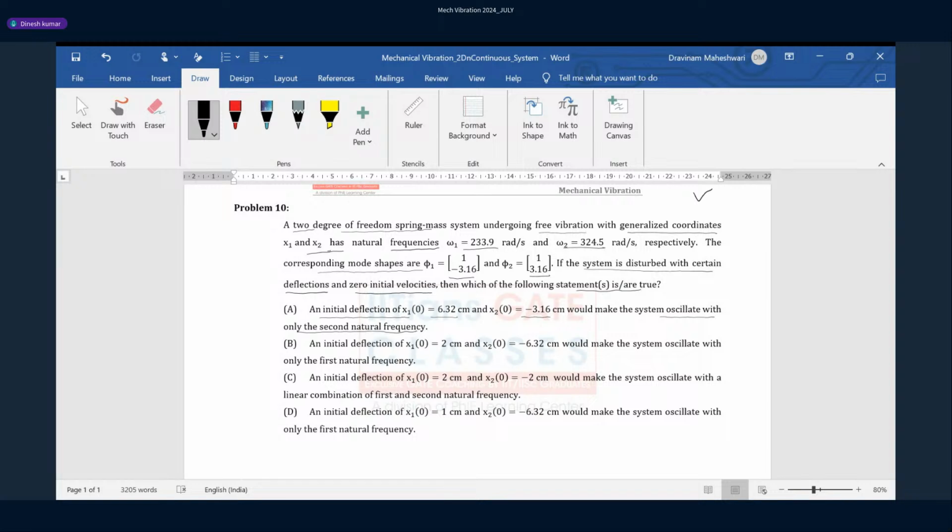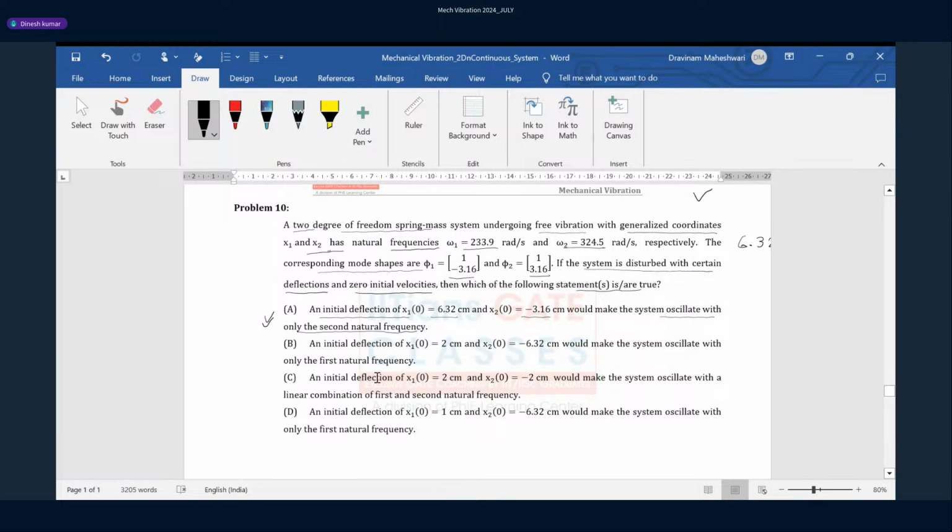What does it mean? For option A, this 6.32 will be equal to what? The system vibrates only in second mode.